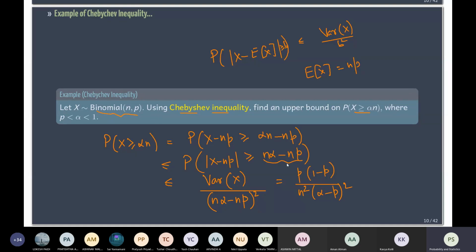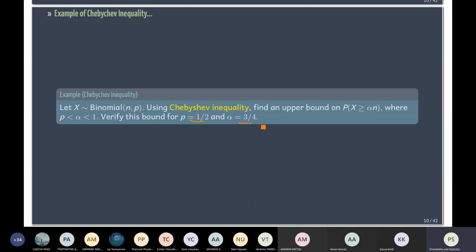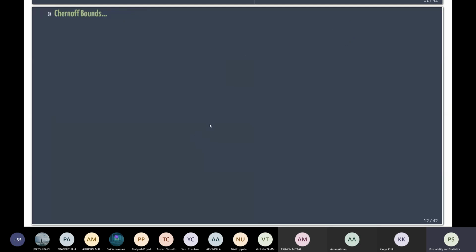The variance of the binomial had one more n here, and n gets cancelled. So this is p(1 minus p) divided by n times (alpha minus p) whole squared, right? And one can again verify this for alpha equals half. That was the next part of the question. So I leave it up to you to verify this.